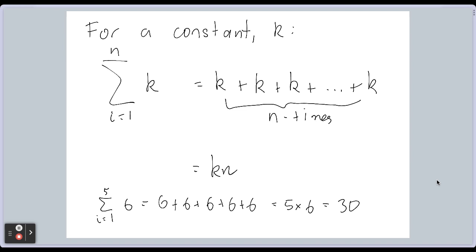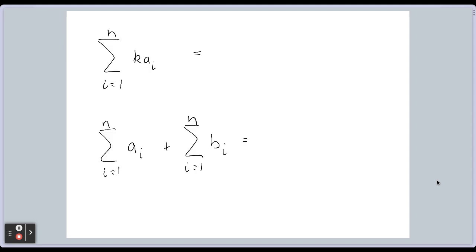Can I go to the next screen? I normally write 4 screens at once, so it's a bit tricky. Okay, what do you think? These are 2 more results or productions, I suppose. i goes from 1 to n of k a_i. So k is a constant and a_i is the rule generated. What's going to happen when I sum that out?